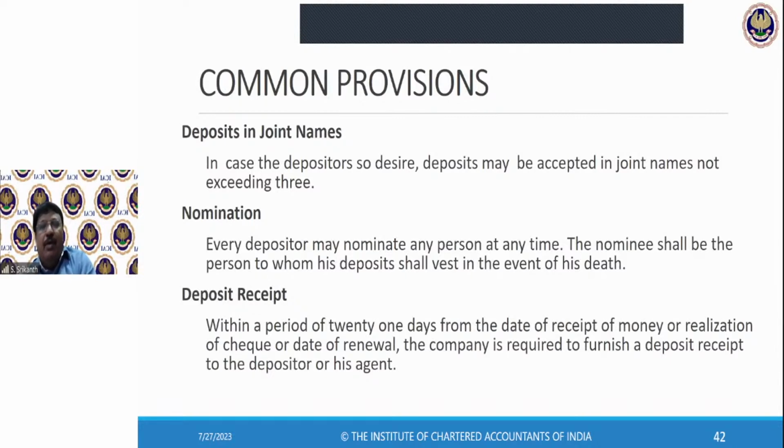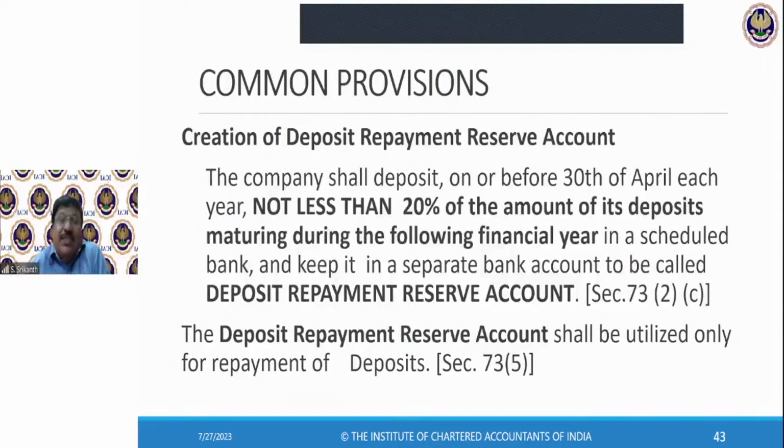So we came up to here. Now we move on. Just like you had a debenture redemption reserve account, similarly, you have to create a kind of deposit repayment reserve. You remember with debentures, you deposited the amount on or before the 30th of April.